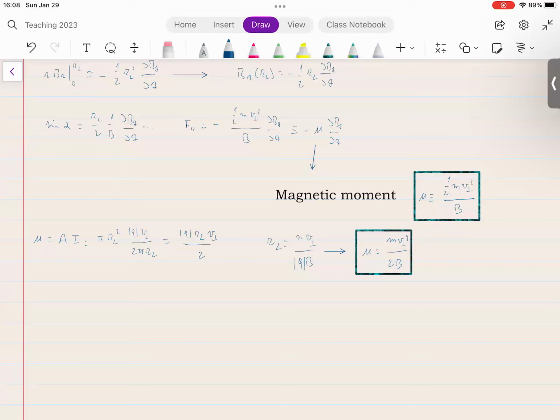It's actually something slightly different from a constant to the motion. Mu is what should be properly called an adiabatic invariant.